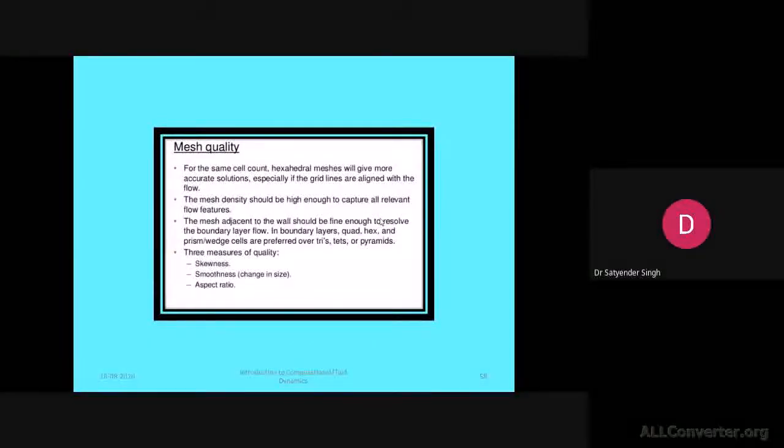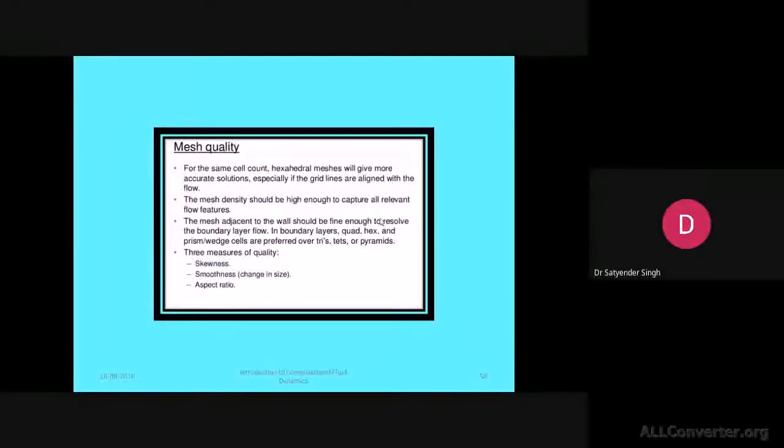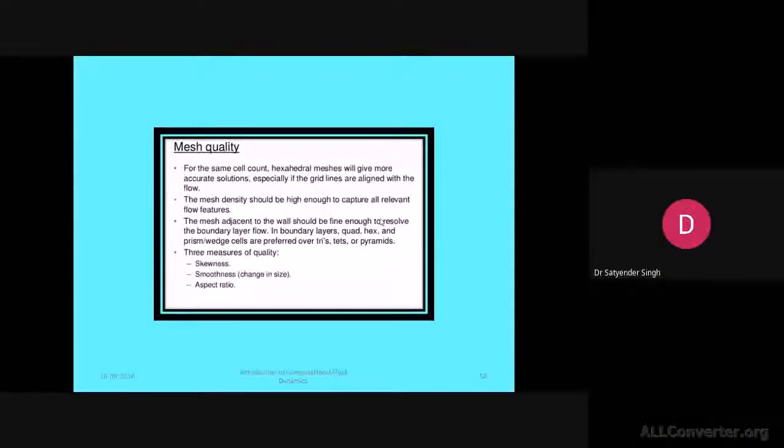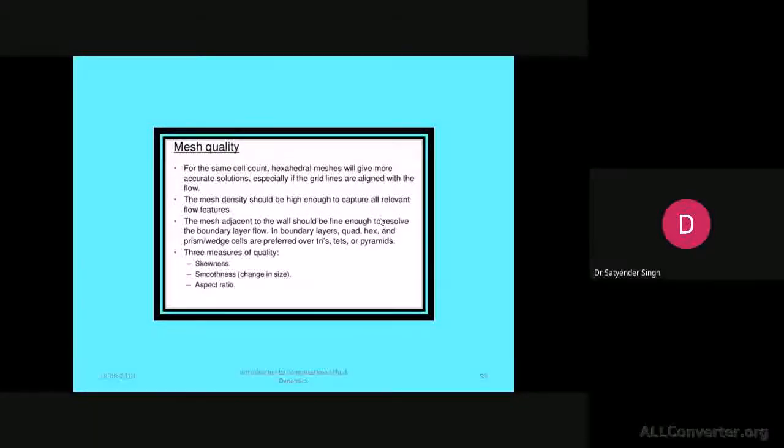Then you must ensure the mesh quality, so that can be checked by using the skewness, smoothness, and aspect ratio. Skewness is generally what we check when we are creating a particular type of grid. Let's say the structured or unstructured mesh you have created for your problem, and then you must compare it with the standard one.